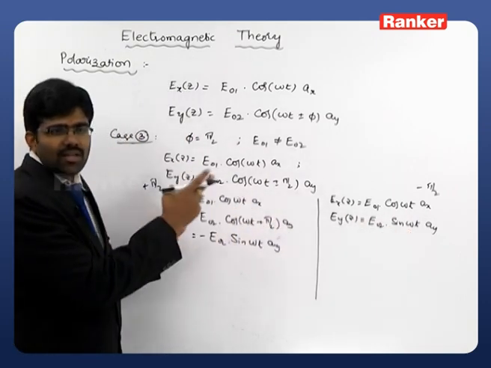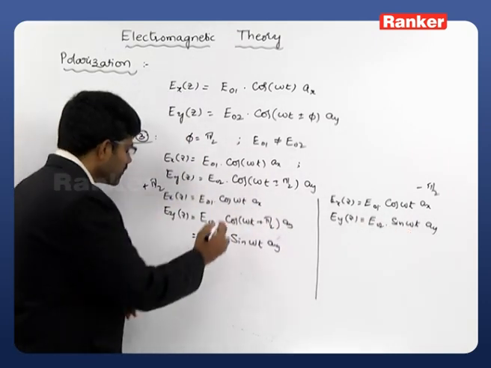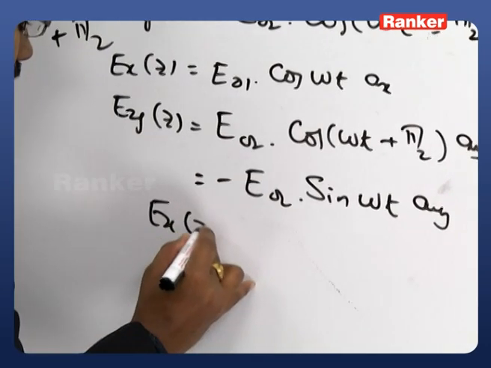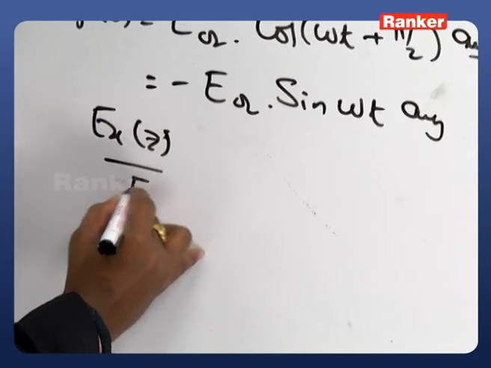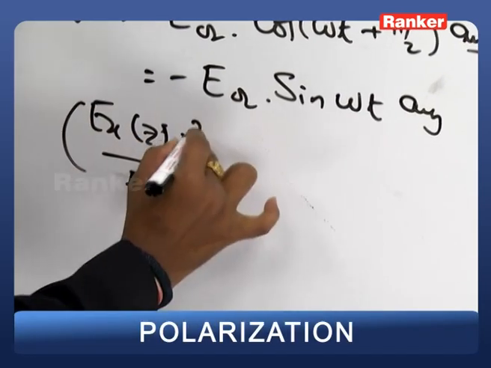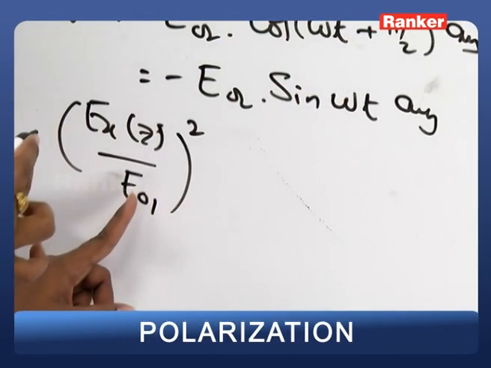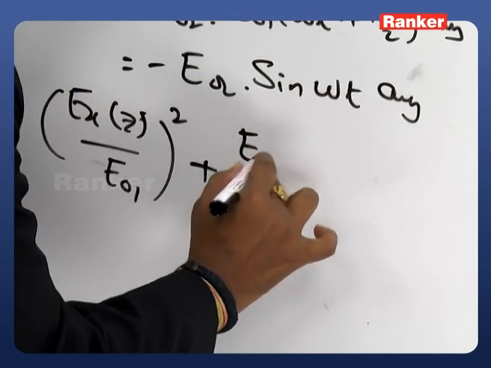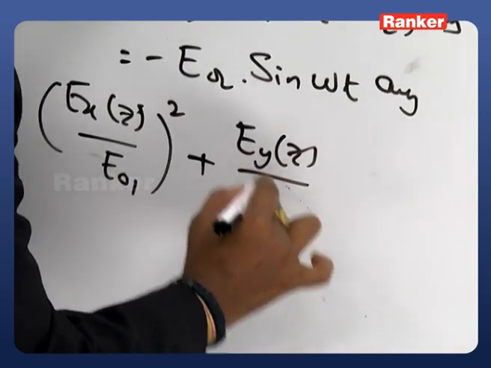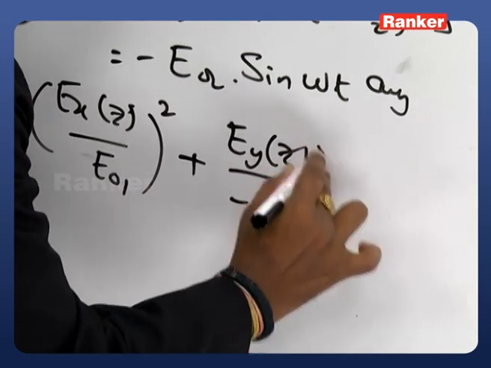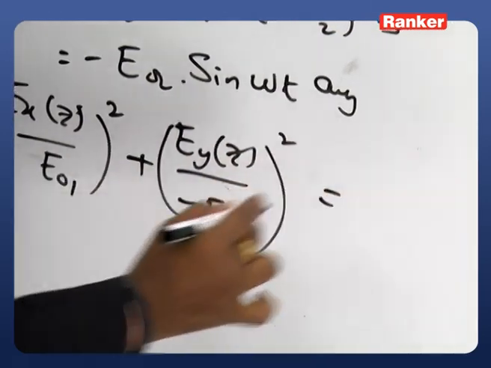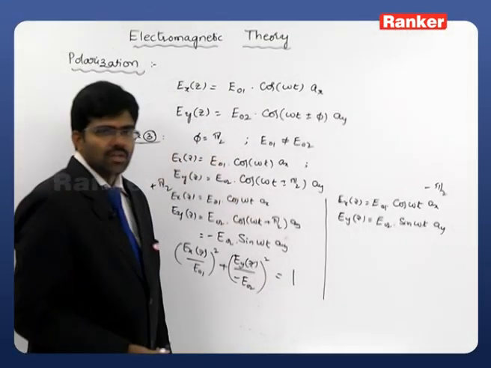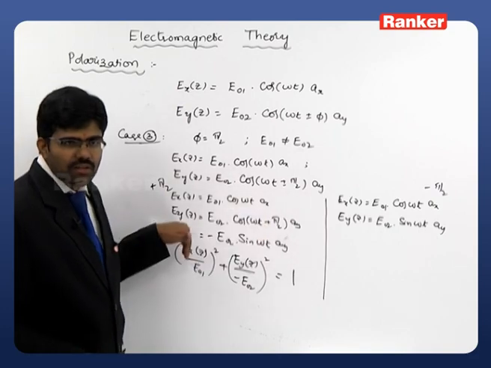So directly I am writing the equivalent equation here: Ex of z divided by E naught 1 whole square, that is nothing but cos square omega t, plus Ey of z divided by minus E naught 2 whole square, that is sin square omega t. Cos square omega t plus sin square omega t is equal to 1. That is the equation we got for this particular case.